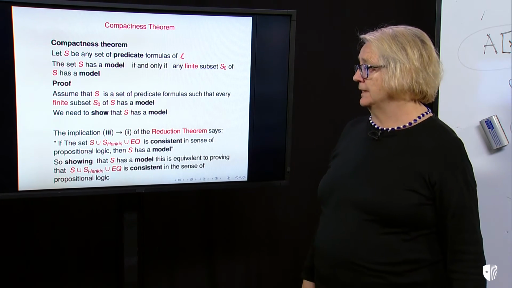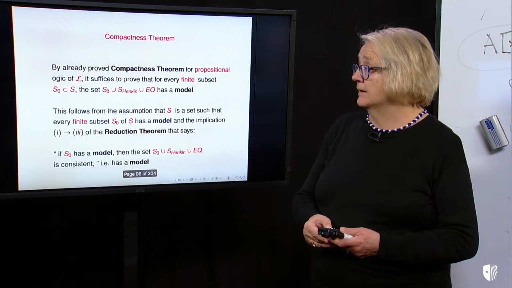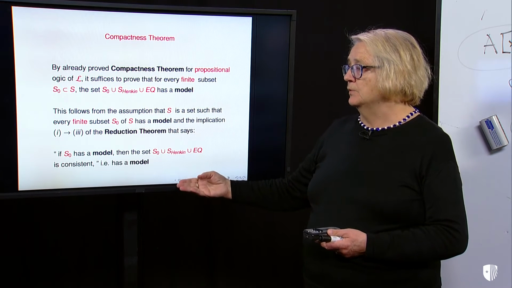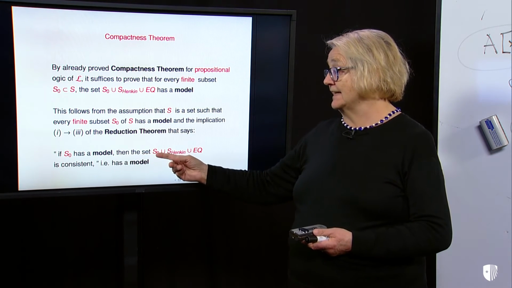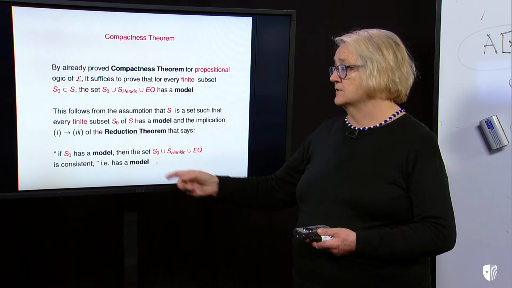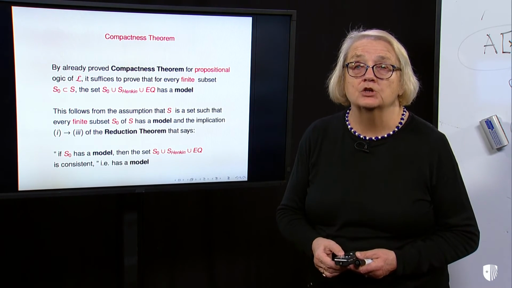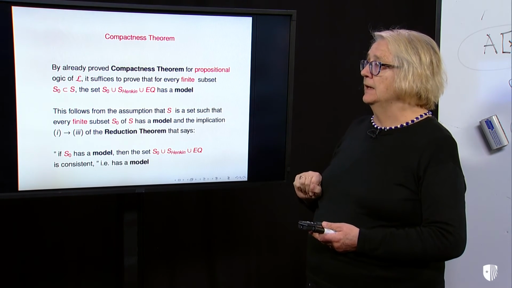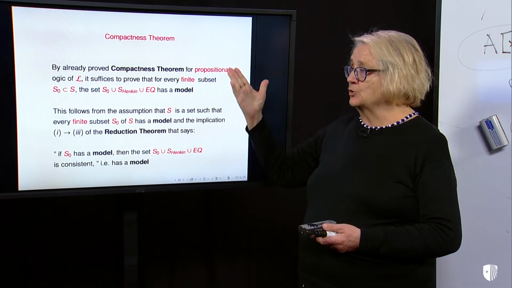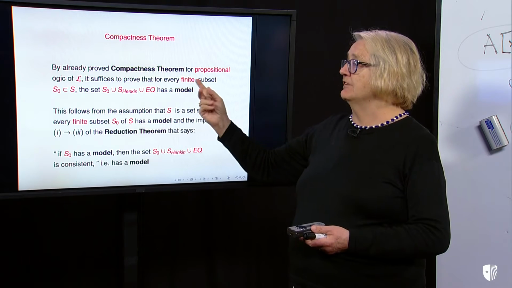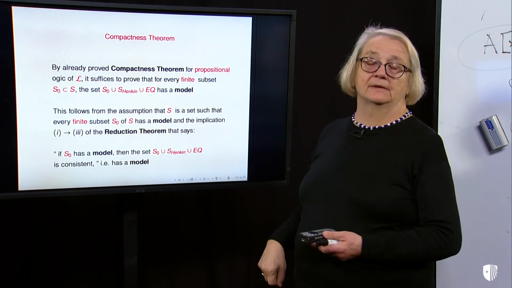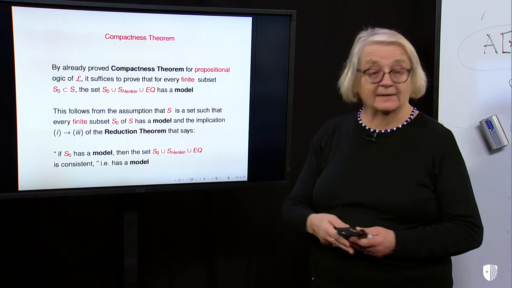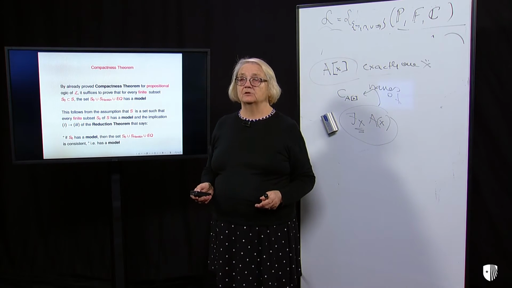Here it uses the reduction theorem, which says that if S0 has a model, then the set S0 plus Henkin plus equality is consistent, meaning it has a model. So you can see we use here the compactness theorem from propositional logic, because with it, it is sufficient to prove that every finite subset of this has a model. That's how we use compactness for propositional logic to get compactness for the whole predicate logic.